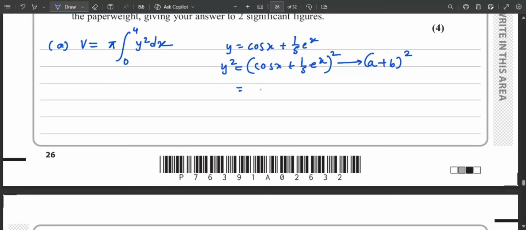Doing this will give us a squared plus 2 into a into b plus b square.